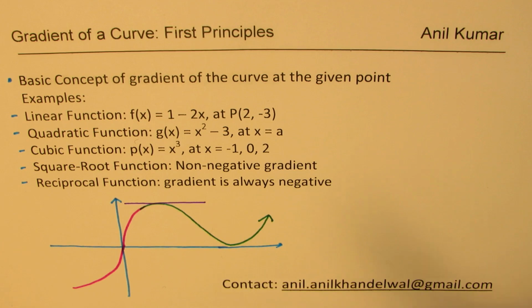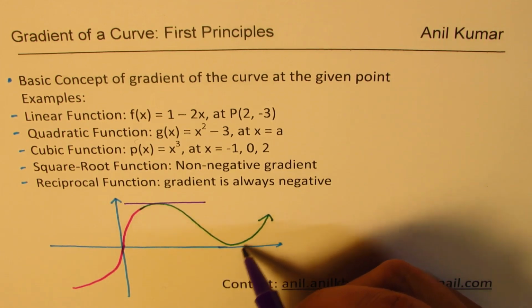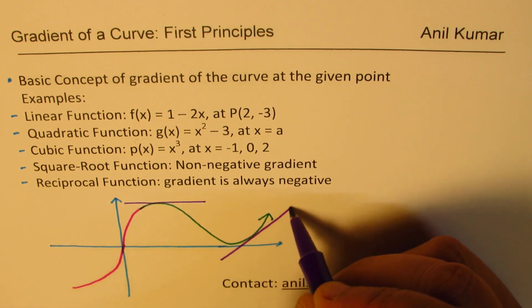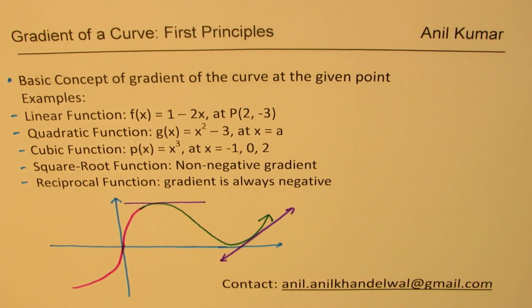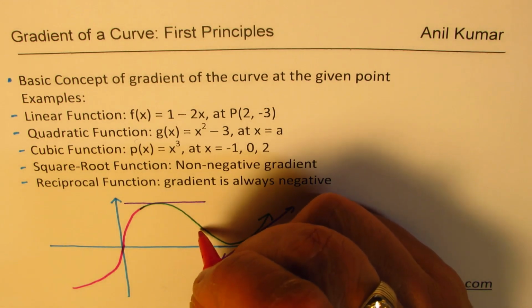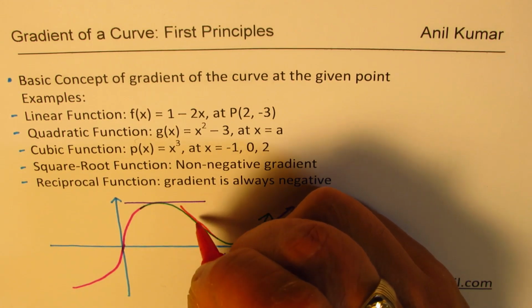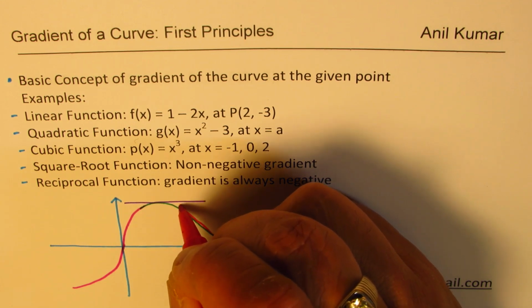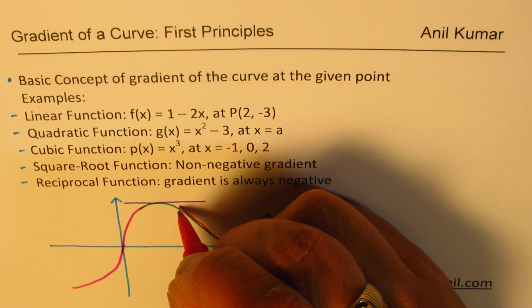And if I draw a tangent somewhere here, for example, right? So it will be a line like this, correct? So in this case, it is rising. So we say gradient is positive. On the other hand, if I draw a line which is somewhere here, for example, like this, okay, in that case, we notice that the gradient is negative.